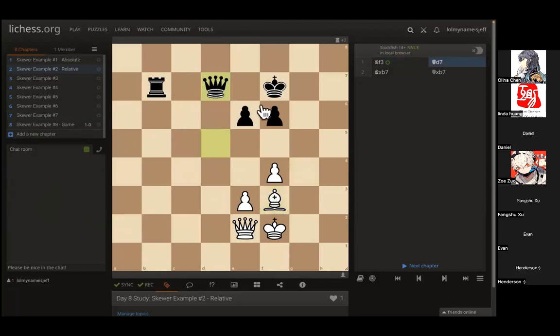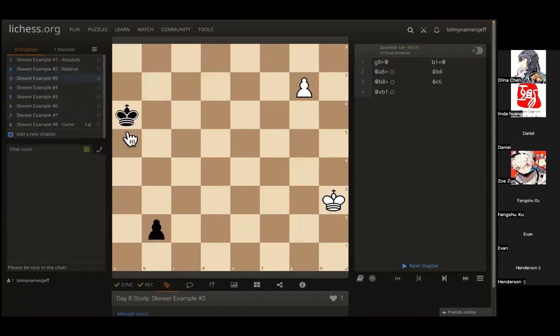So let's say the queen moves to d7. Then we can take the rook. And queen and two pawns versus queen and two pawns should probably be a draw. But you'll notice that if we didn't find the skewer, then black would have a rook for a bishop, and then white would probably lose. So these types of tactics can also help save games.